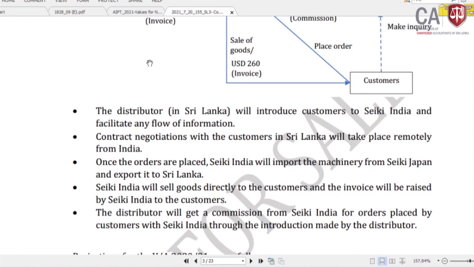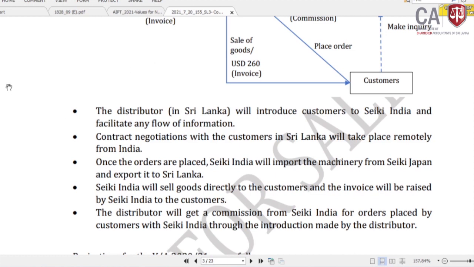Who is doing the contract? The Indian company, the same company, like in the previous model. They are importing the machinery from Japan and exporting to Sri Lanka, to the particular requested customers. Seiki India will sell goods directly to the customers.